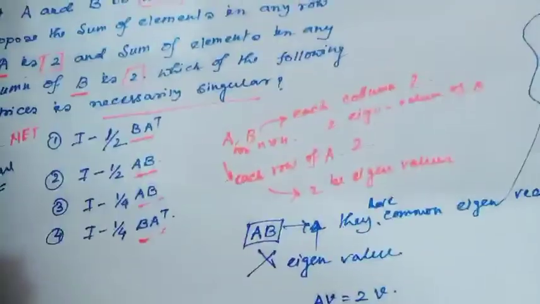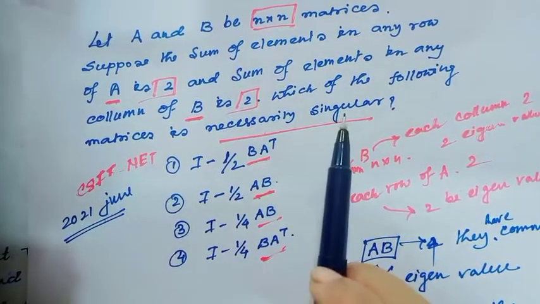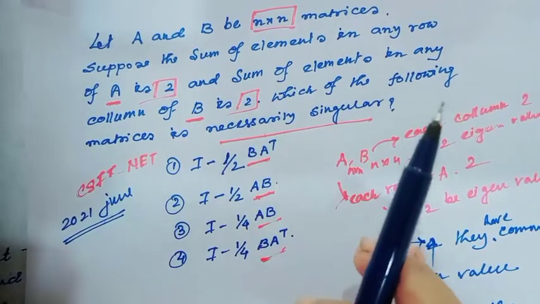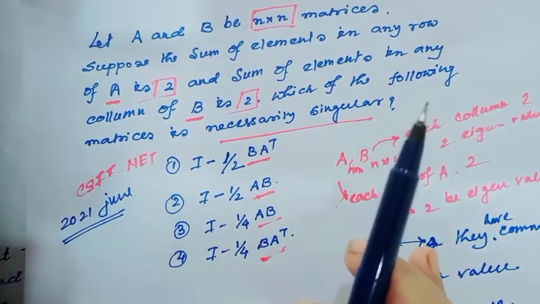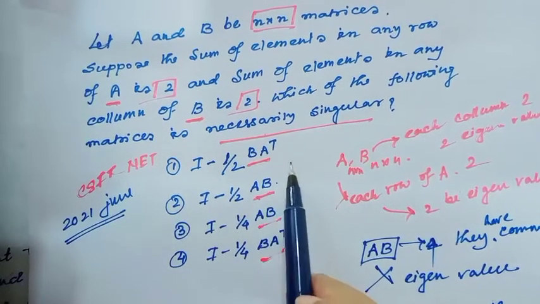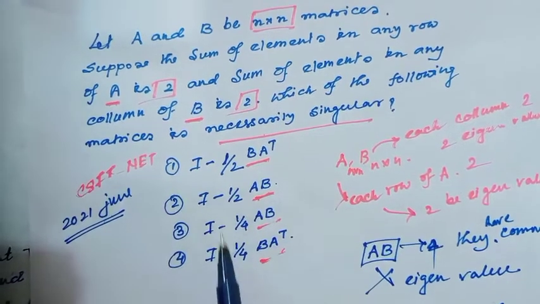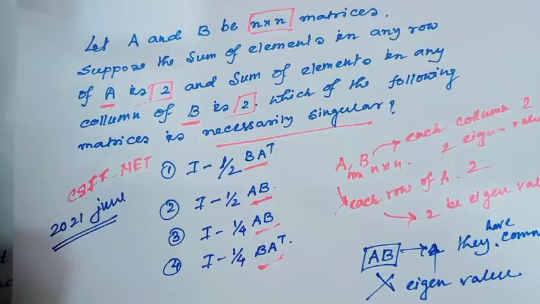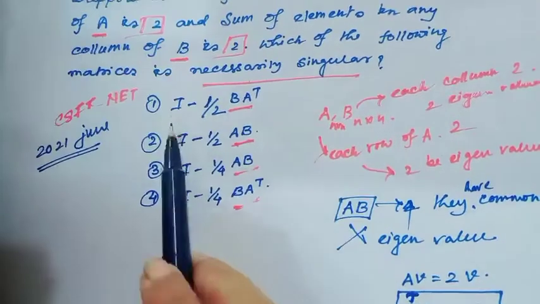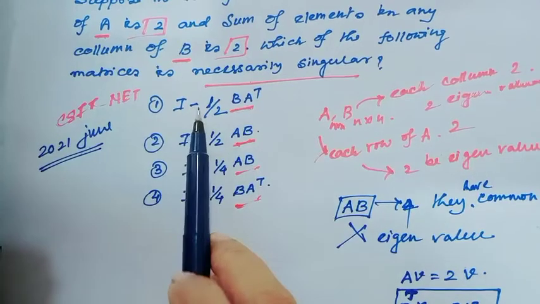Now let's see the options. Which of the following matrices is necessarily singular? We all know a matrix is singular when an eigenvalue is 0. Notice I have got BA transpose has eigenvalue 4. Since this is identity, all eigenvalues here are 1.